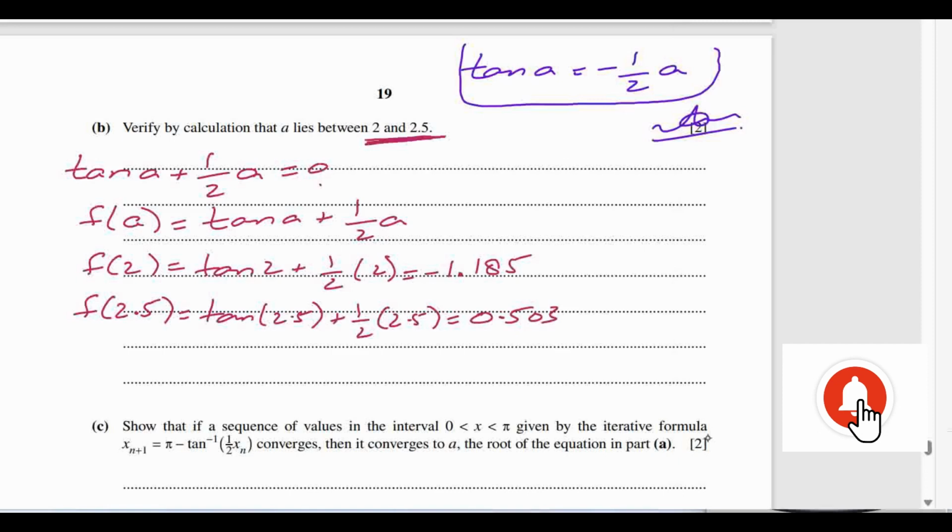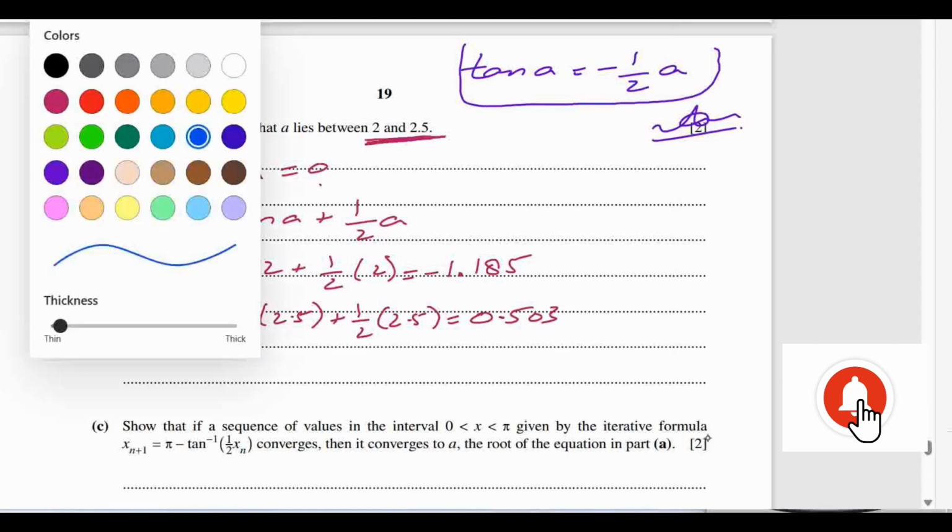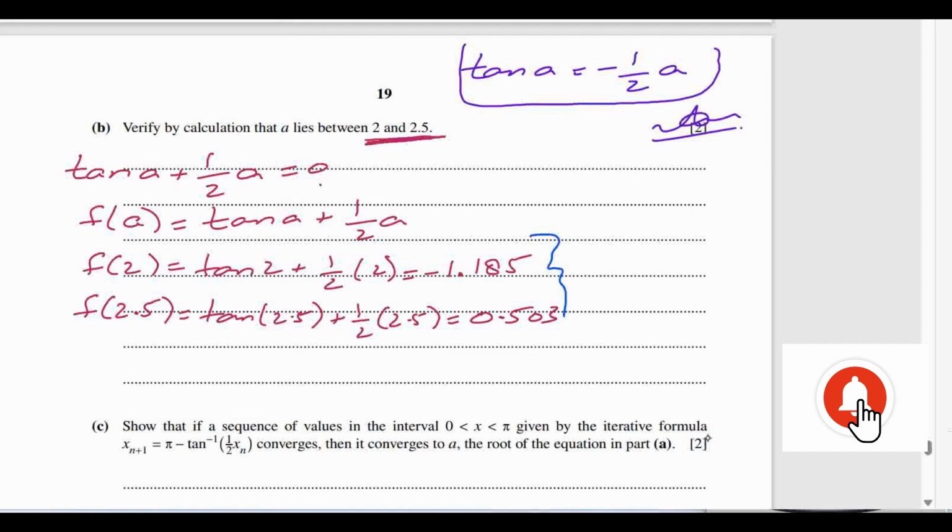From these two values we can clearly see that there is a sign change.